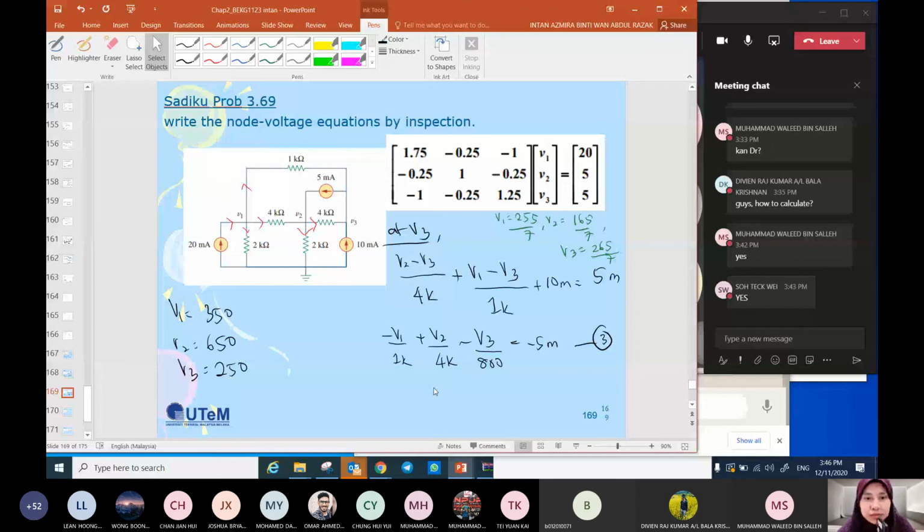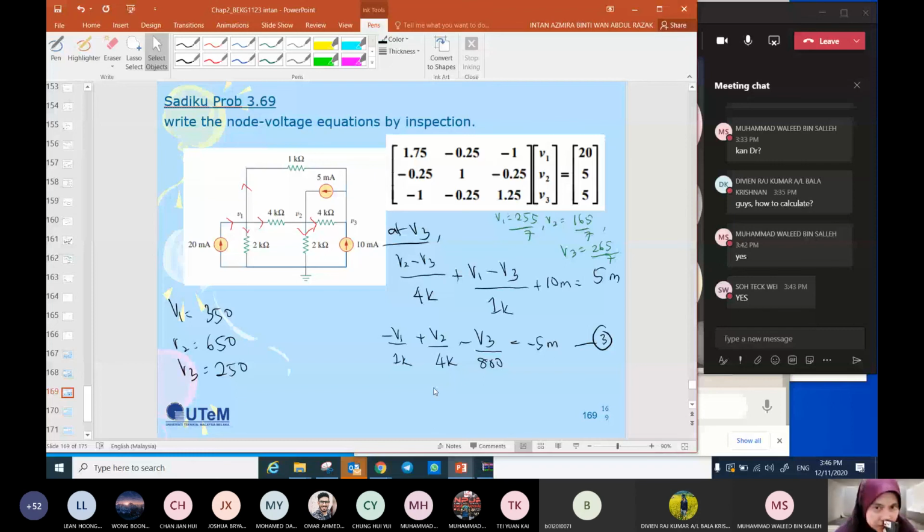Okay, this one I think is positive, right? Because positive here. This one also minus here. V2 minus V3.